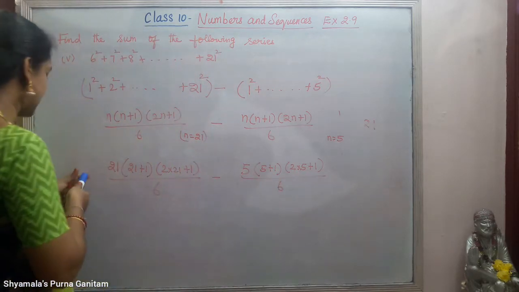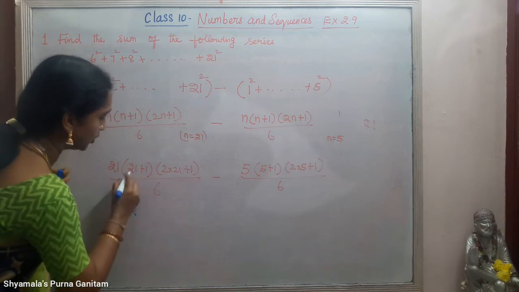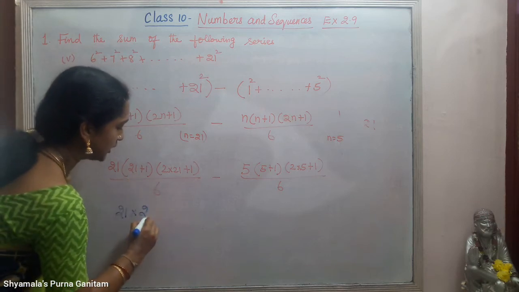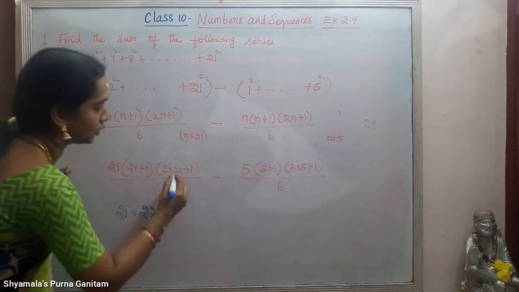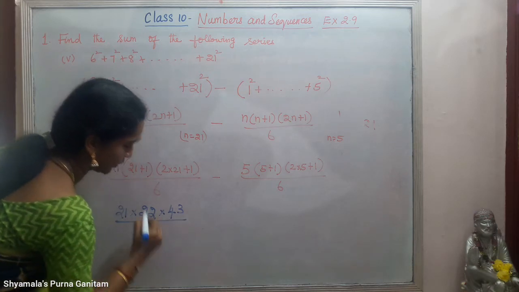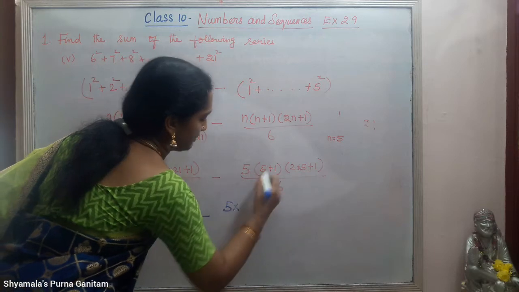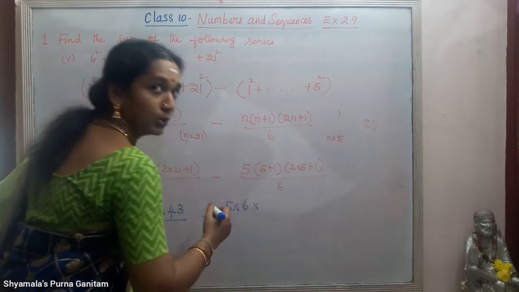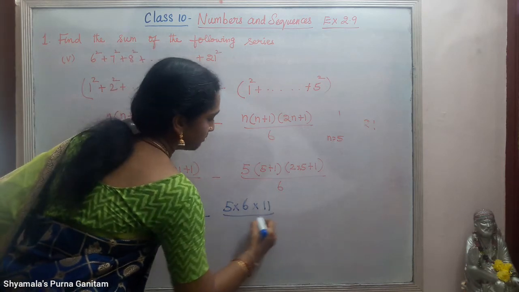Okay, so now when we simplify this, we get 21 into 21 plus 1 is 22 into 2 into 21 is 42 plus 1, 43, by 6, minus 5 into 5 plus 1, 6, into 2 into 5, 5 2s are 10 plus 1, 11, by 6.